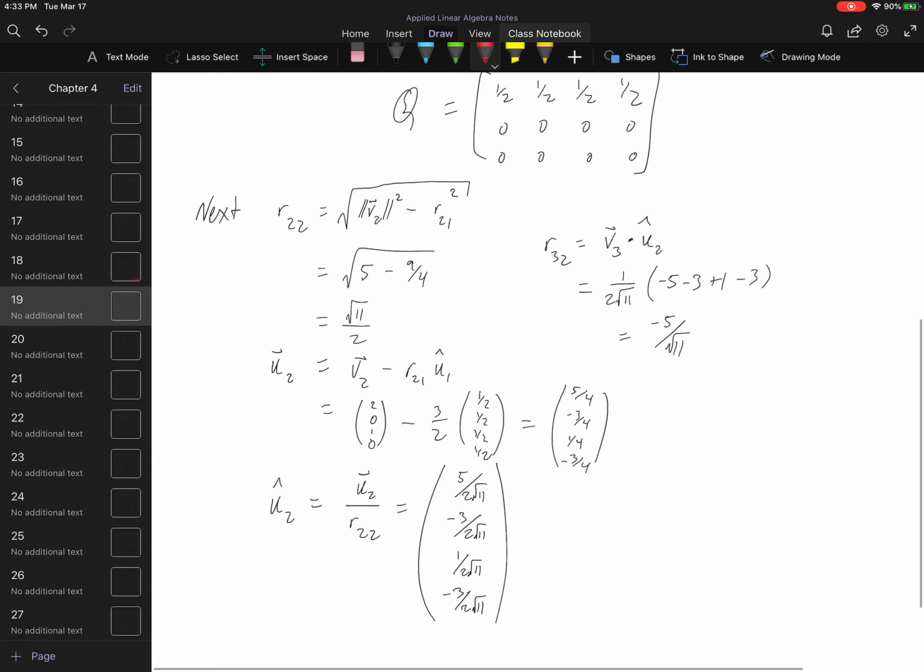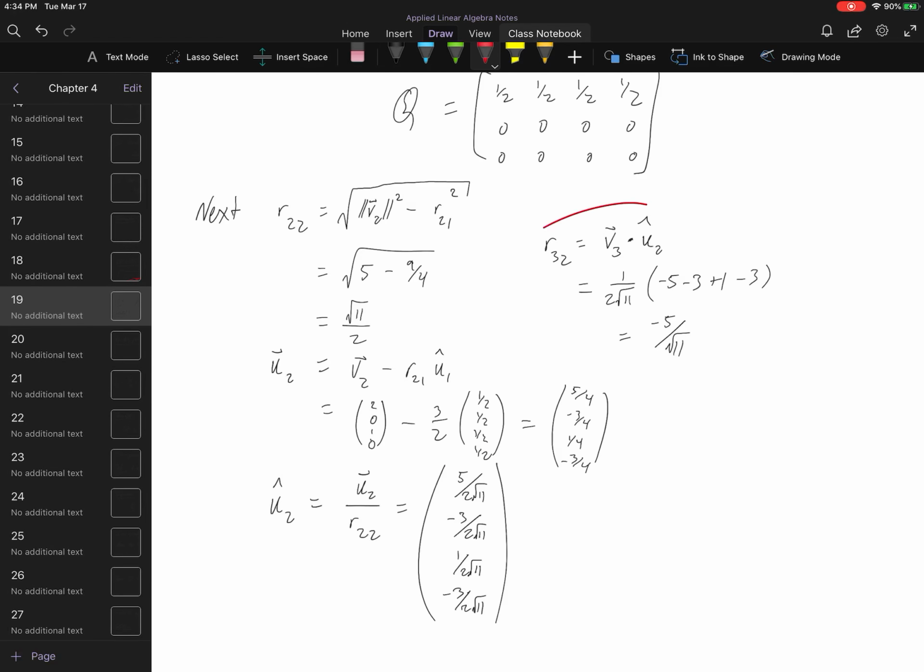And then that means I can go ahead and compute my U2 vector. But U2, remember, is going to give me some scaled vector, so I'm looking for a U2 hat, a nice unit vector at the end of this. So I'm going to get the difference vector first, and I have the information to do that, so it'll be V2 minus R21 times U1 hat, and I will have figured out what the second row of my Q matrix must look like, and it's going to be scaled thusly.